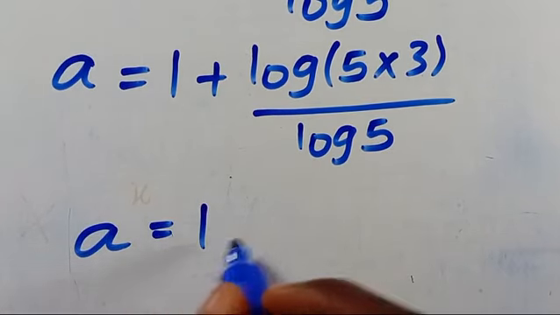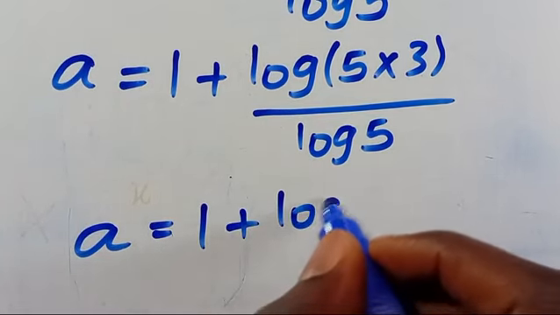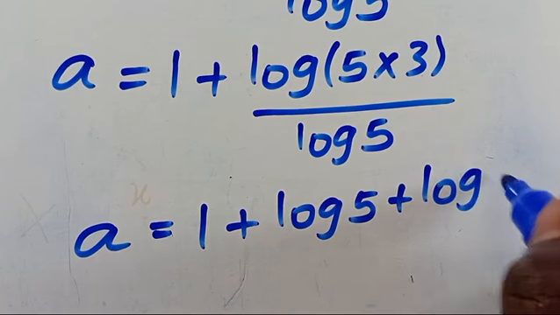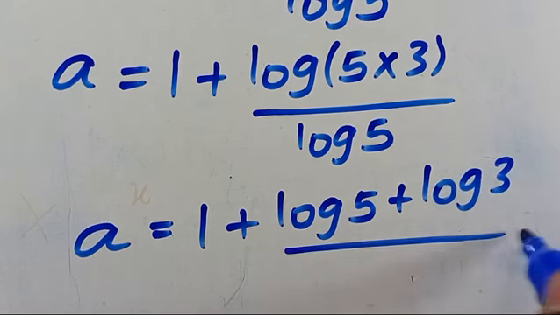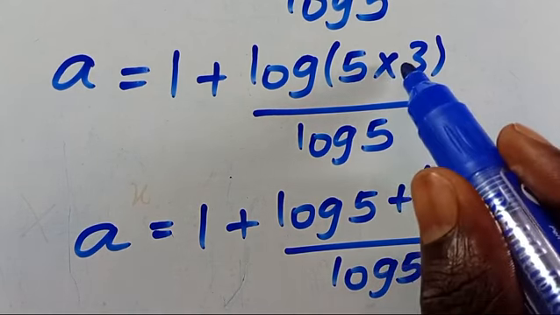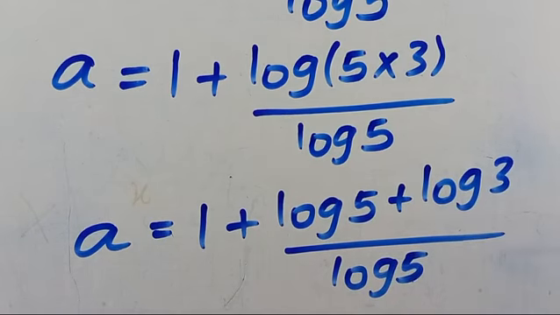A will be equal to 1 plus log 5 plus log 3, divided by log 5. This multiplication changes to addition as this.